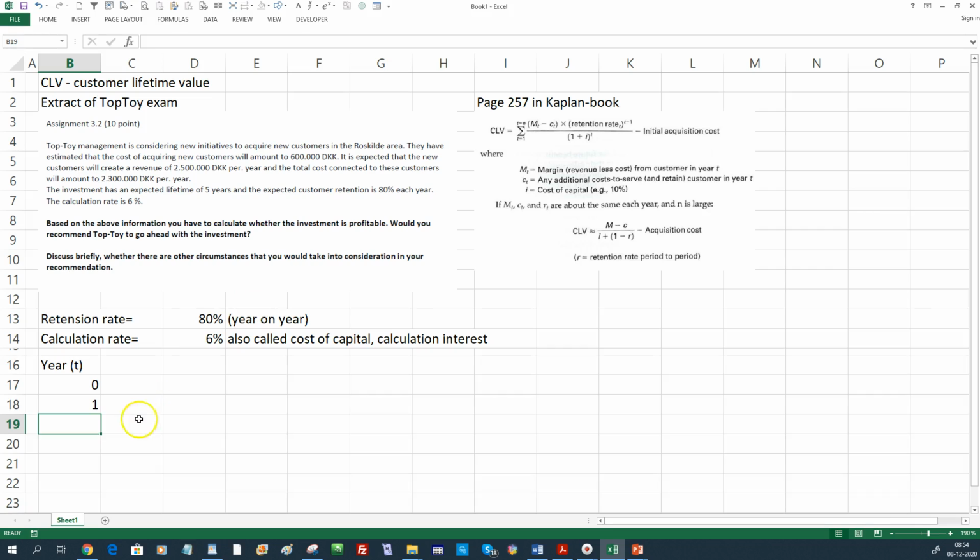So we go from 1, and when they say 5 years, they mean 1 to 5, not including 0. So this is 1 year to make the investment, 5 to hopefully have the customer.